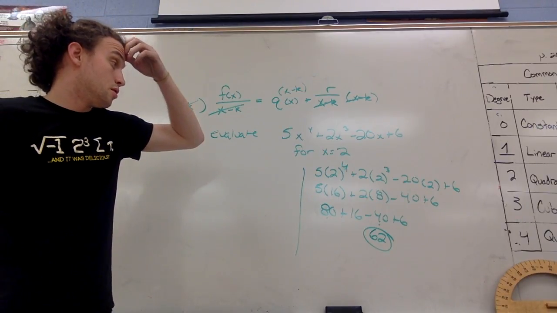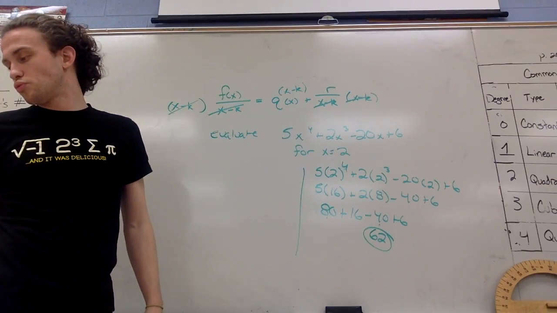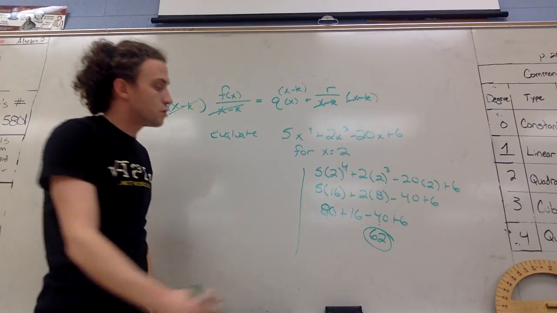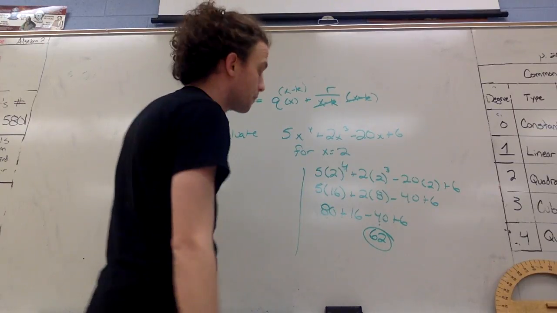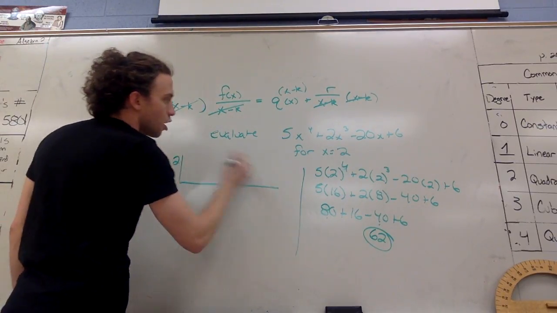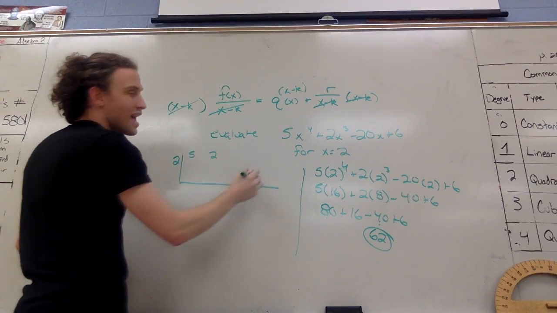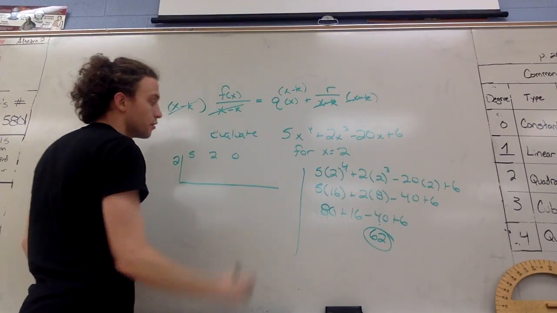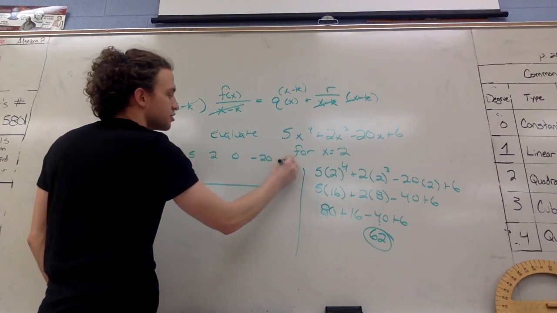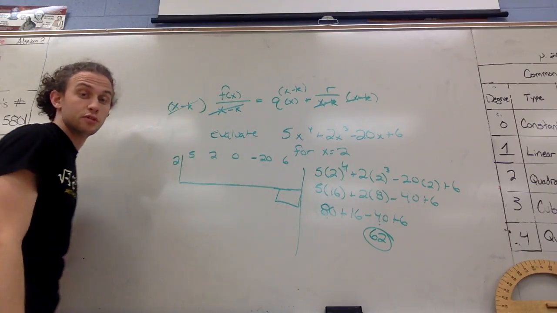Okay. So if I use synthetic division now, with a 2 right here outside, and all my coefficients, I have a 5, I have a 2, I have a 0 for my x squared, a negative 20, and a 6. My remainder down here should be 62.